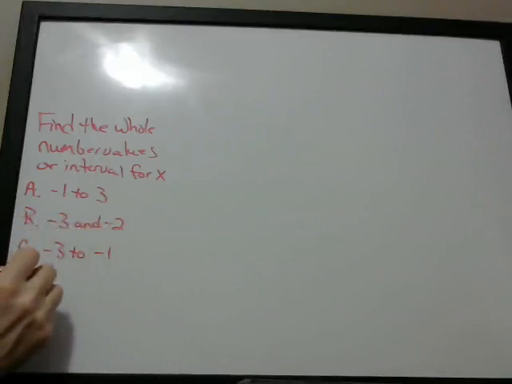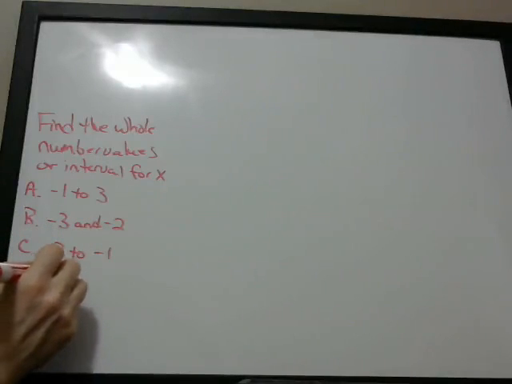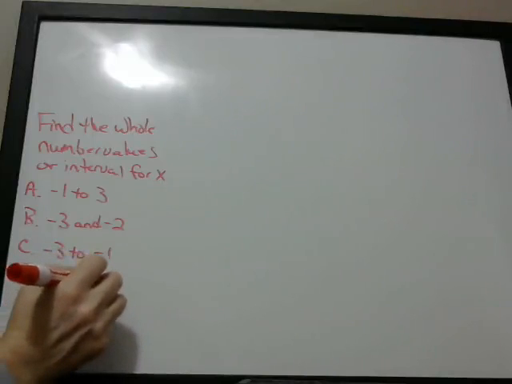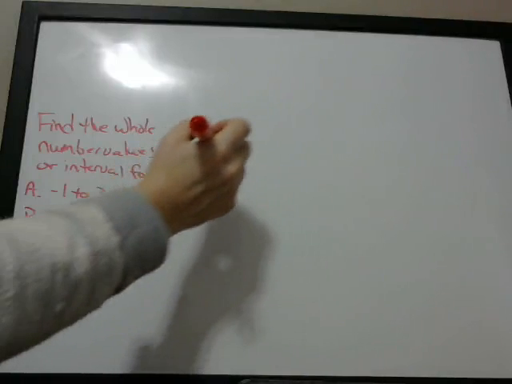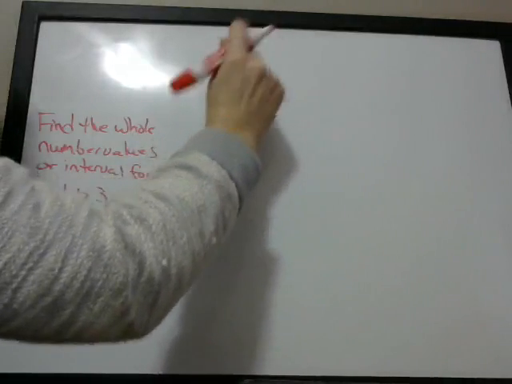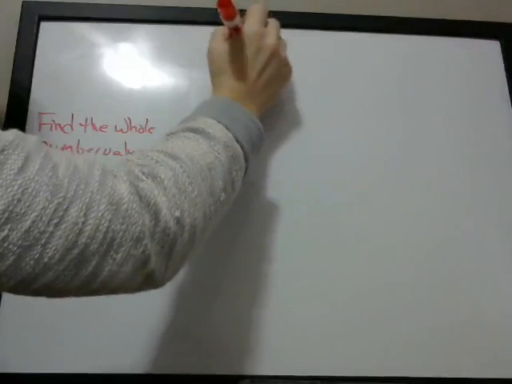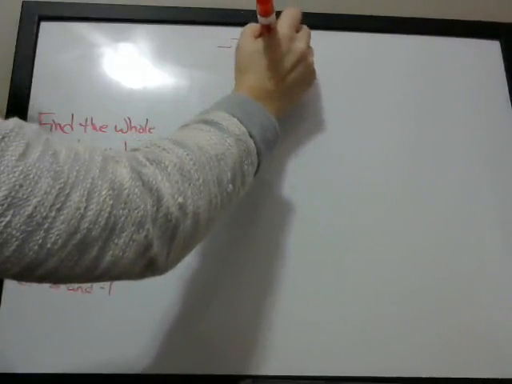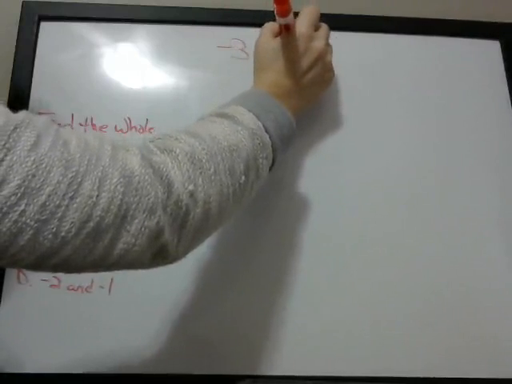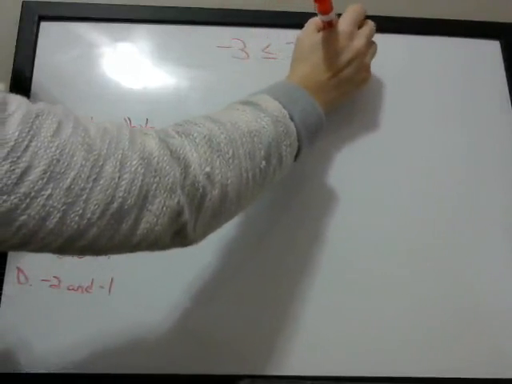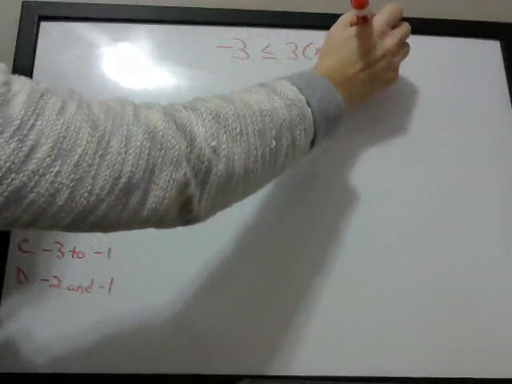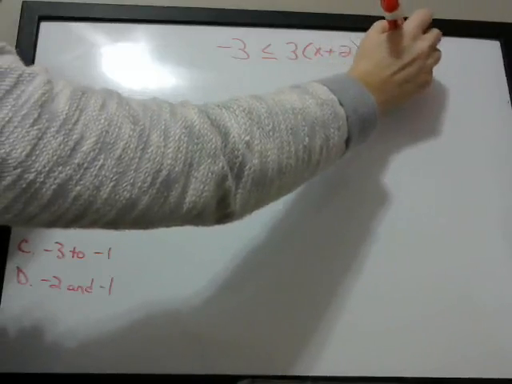And the last choice is -2 and -1. The question is going to be -3 less than or equal to 3x plus 2, which is less than 3.